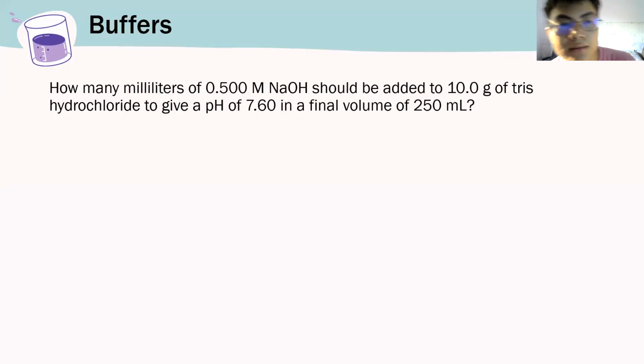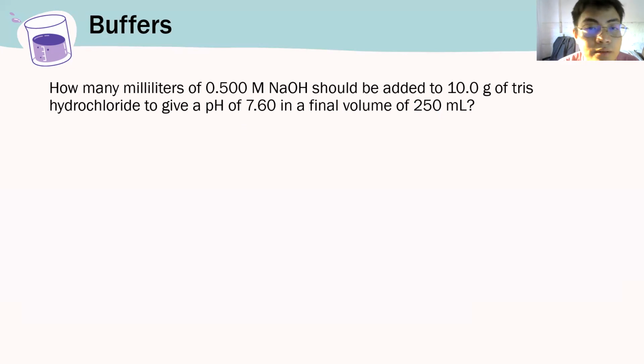Okay, so let's now go to this problem. This problem is quite hard. Okay. So how many ml of 0.5 molar NaOH should be added to 10 grams of tris hydrochloride to give a pH of 7.60 in a final volume of 250 ml? So we don't care about the final volume anyway.